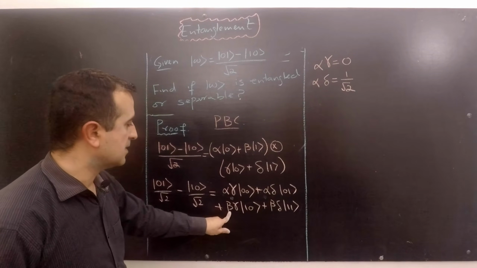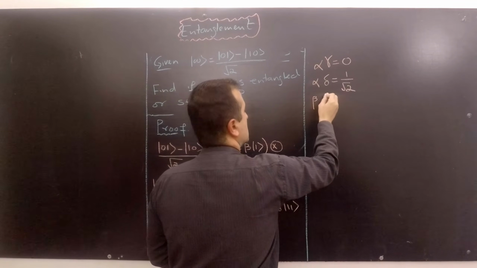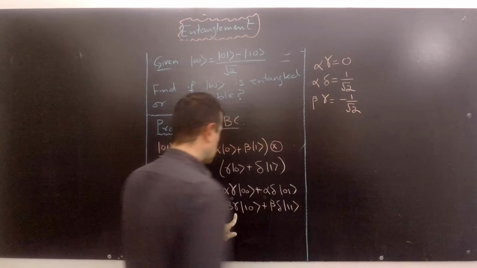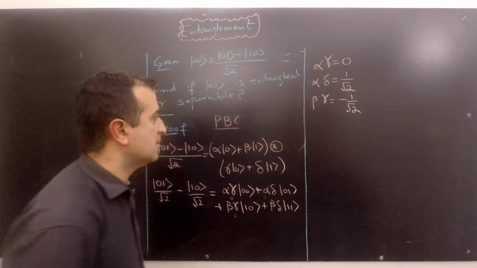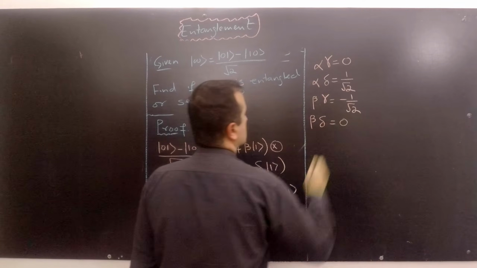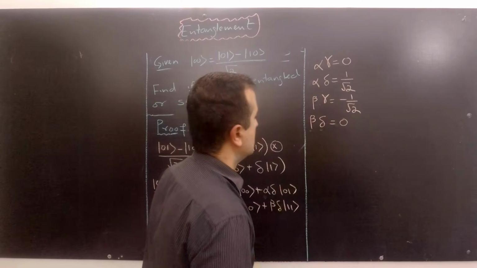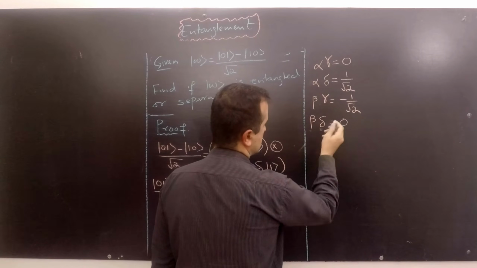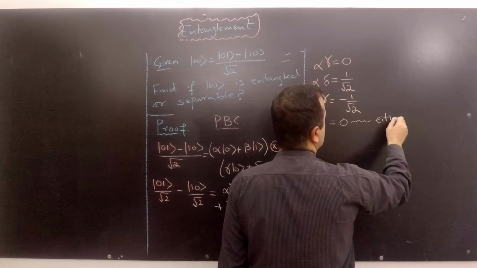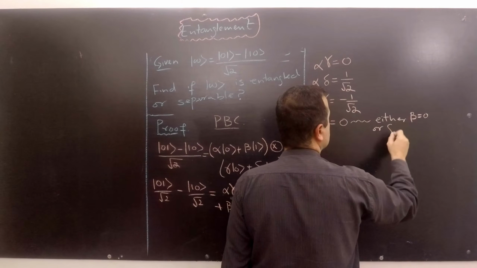Similarly, beta gamma must be equal to minus 1 over square root of 2, whereas beta delta must be equal to 0. So if beta delta is equal to 0, then we can say that either beta is equal to 0 or delta is equal to 0.